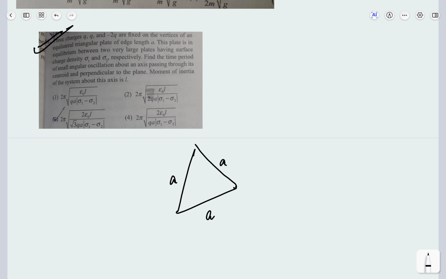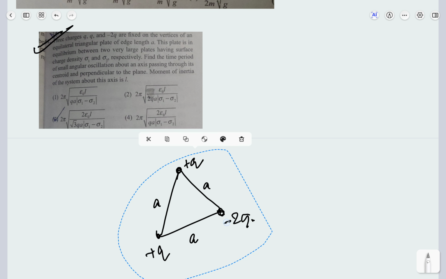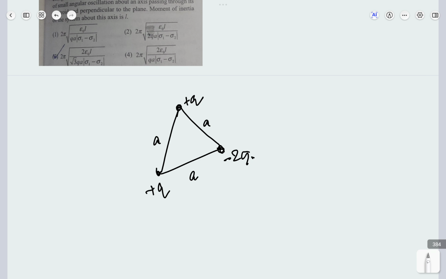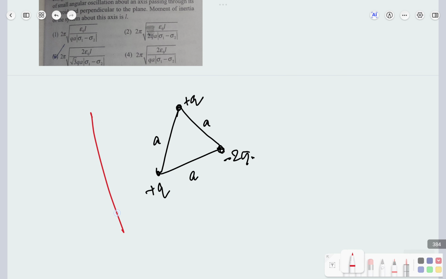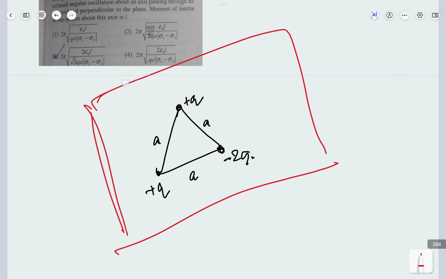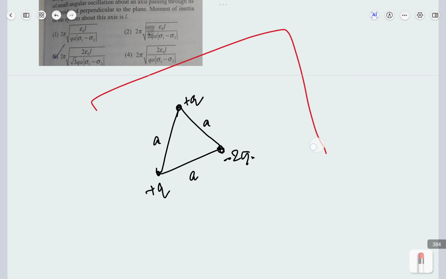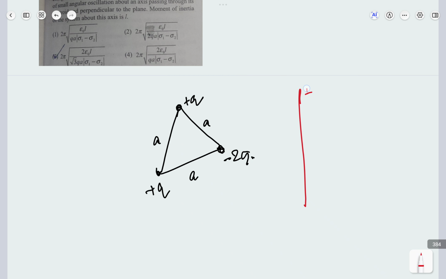It's an equilateral triangle of side length A, and we've got plus Q and minus 2Q right here on the vertices. Now, along the plane of our triangle we have a sheet above this and just like this one below this. So sideways, it would look like this.